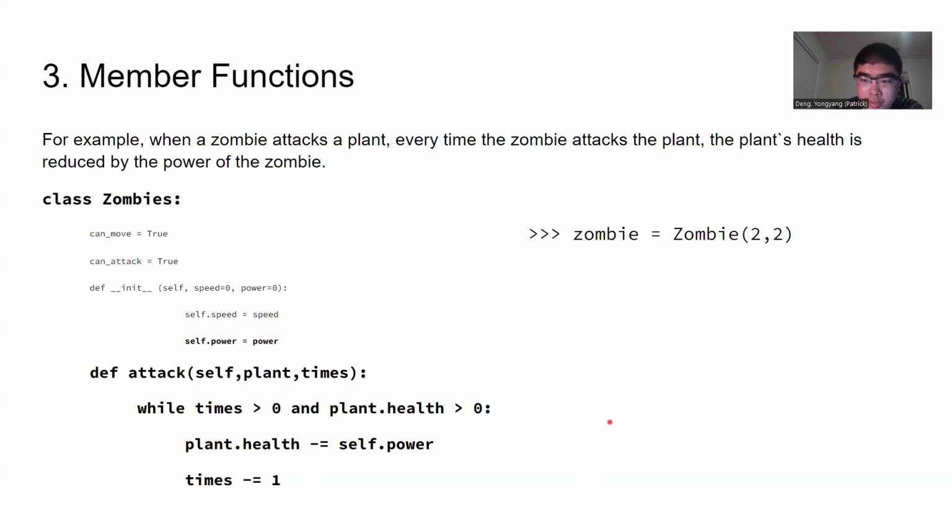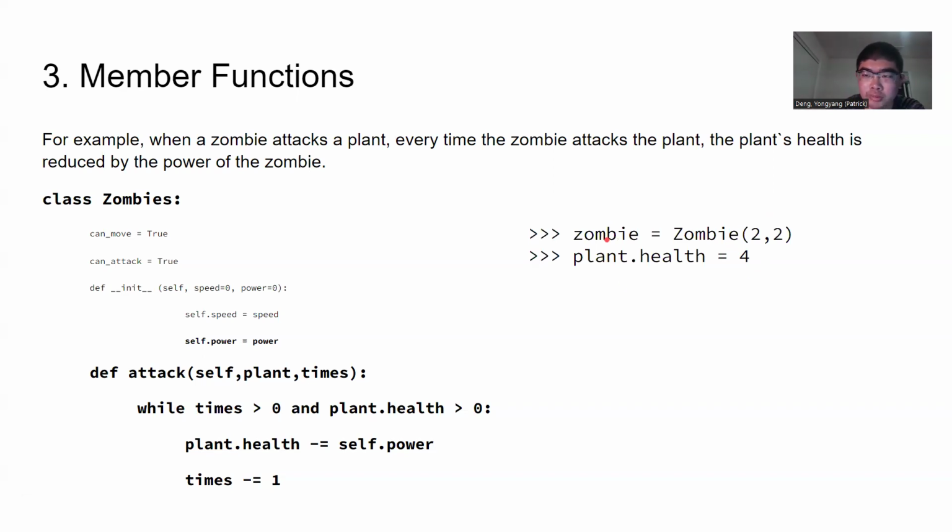So for example, I have a zombie object, zombie with power 2. And let's say there's a plant, assume that we have created it using the plant object. So plant health, I assigned it to 4. So the health is 4, and the power of the zombie is 2.